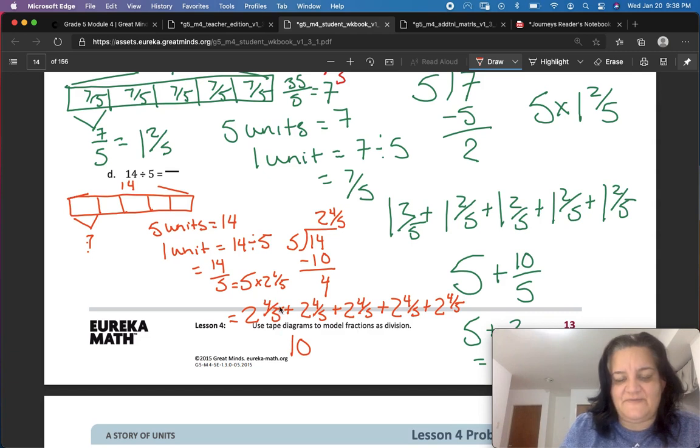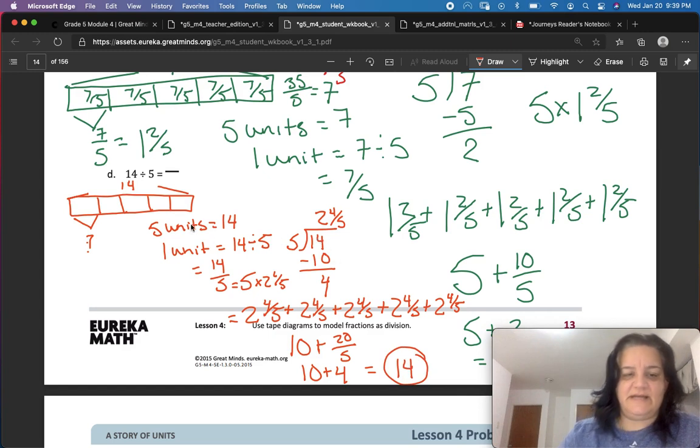Add my fractions. 4, 8, 12, 16, 20. Okay, 10 plus, well, 20 divided by 5 is 4 equals 14. Okay, 14 here equals 14 there. Okay, it looks like my answer is 14 fifths, which also equals 2 and 4 fifths.